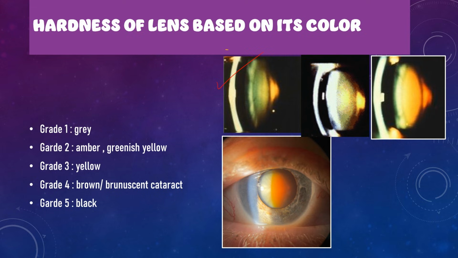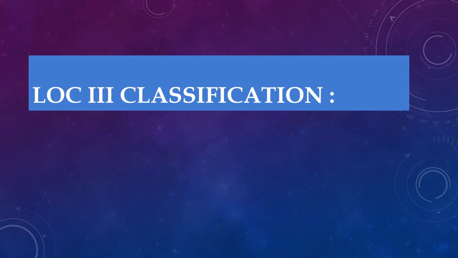If you see a lens turning more into amber color, greenish yellow, that is called a grade 2 lens. If it becomes more yellowish in color, that's called grade 3. If it now starts becoming more brownish, that means the hardness is increasing, and that is called a brown cataract, grade 4, or brunescent. Sometimes the hardness increases so much that the lens will look black, which is called cataract nigra. That is called a grade 5 cataract.